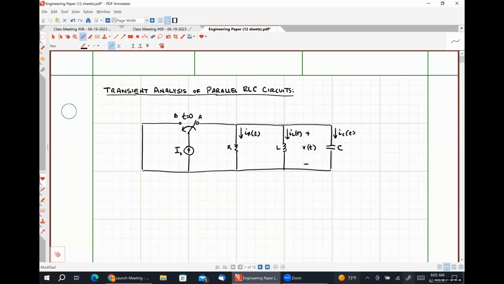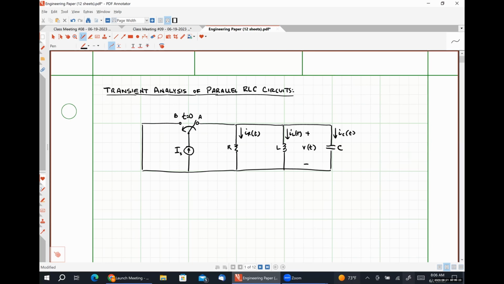So we're making an assumption here that our switch has been closed at position A for a very, very long time so that there are no transient signals that we have to deal with. And so our inductor is going to look like its DC steady state equivalent, which is a short circuit, and its capacitor is going to look like its DC steady state equivalent, which is an open circuit. So under those constraints, our current IL of t for all t less than 0 will be IS.